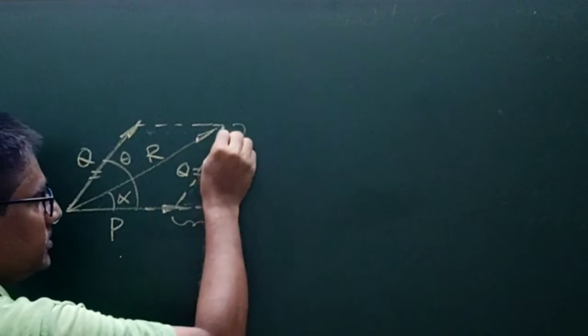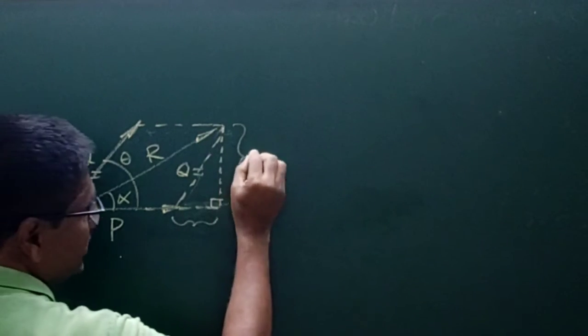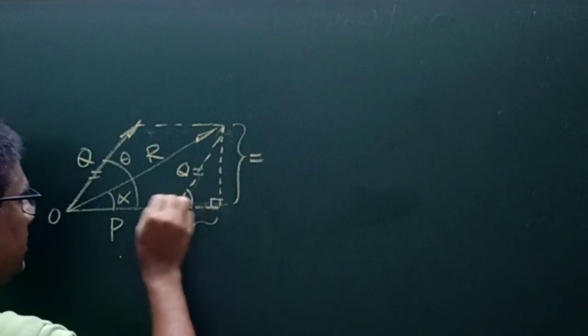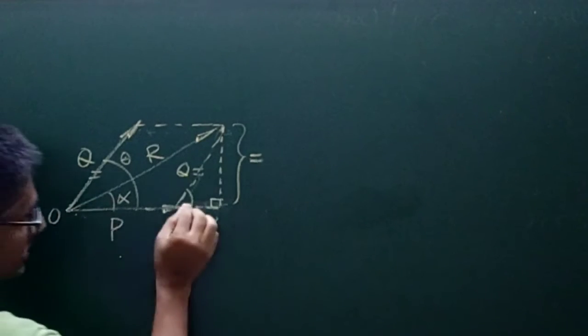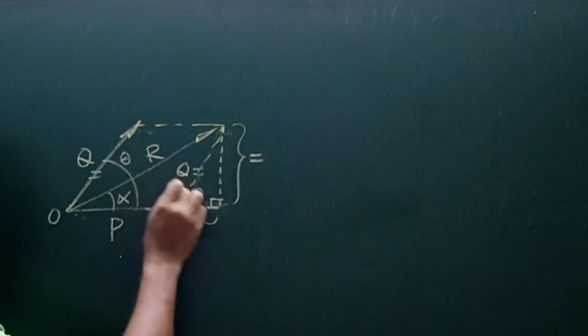See, as this is the opposite side for this smaller right angled triangle, this is equal to Q times, see what is this angle? This angle is again theta. See, these two are parallel and this line is extension of this line. Therefore, we will get same angle here, theta.